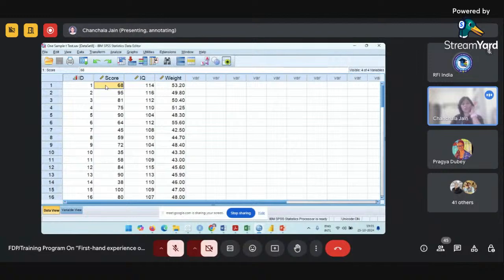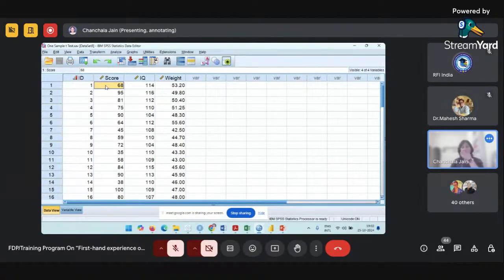Now for the rest of the assumptions, we will see here one by one. Can anyone tell me how to check the normality, because the next assumption is the normality assumption and the outlier. I think both we can check simultaneously. What do I need to do? Anyone?